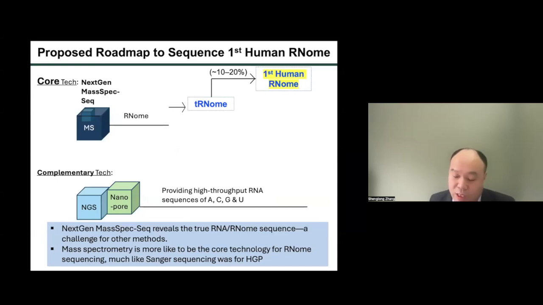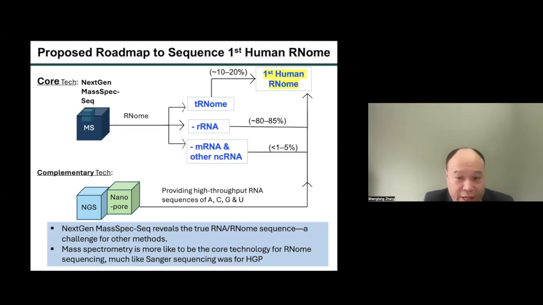With our capacity to sequence tRNA with its true sequence, we have a solid foundation for the tRNA known, and this will contribute 10 to 20% of the first human RNA known. If we can further extend this to larger RNA, like ribosomal RNA or even messenger RNA, we are moving closer to sequencing the first complete human RNA known.